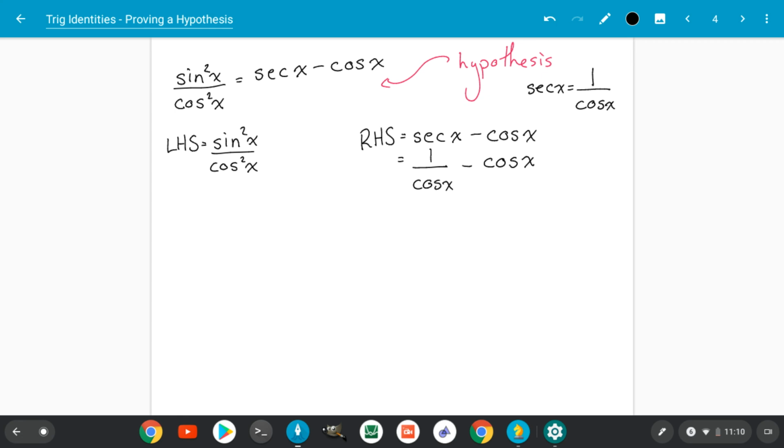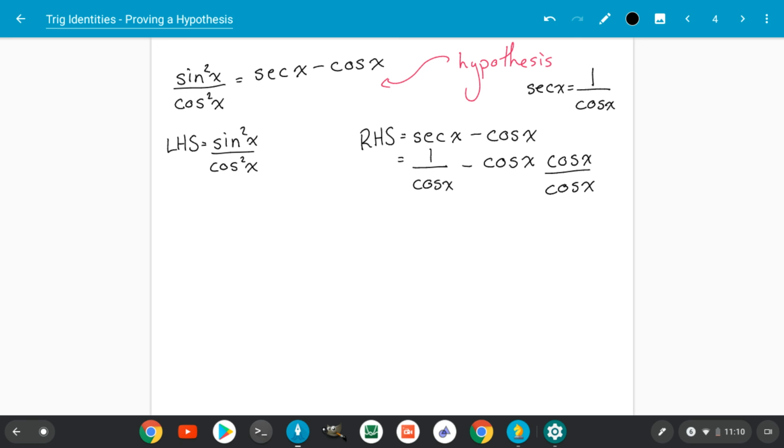And now this allows me also to show you that I have sort of two fractions here. And the way that you combine two fractions is you find a common denominator. So the common denominator I want here is cosine. So I'm going to get a cosine on the bottom for the right one as well. So I'm going to multiply it by cosine over cosine.